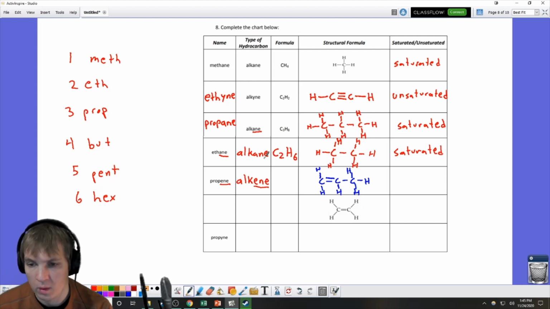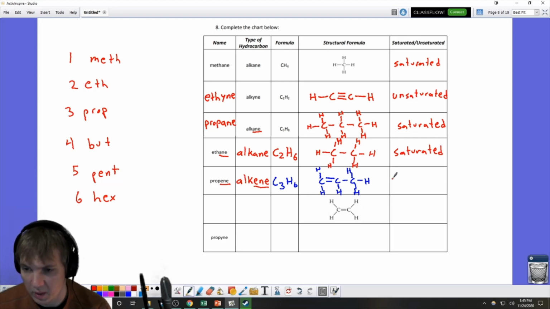Okay. So the formula for this is now going to be C3, and how many hydrogens? 1, 2, 3, 4, 5, 6. H6. I can switch back to red here. So is this going to be saturated, unsaturated? We do have that double bond, so now this is going to be unsaturated.